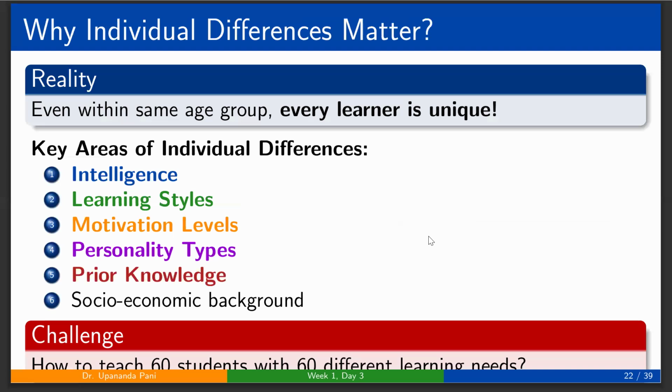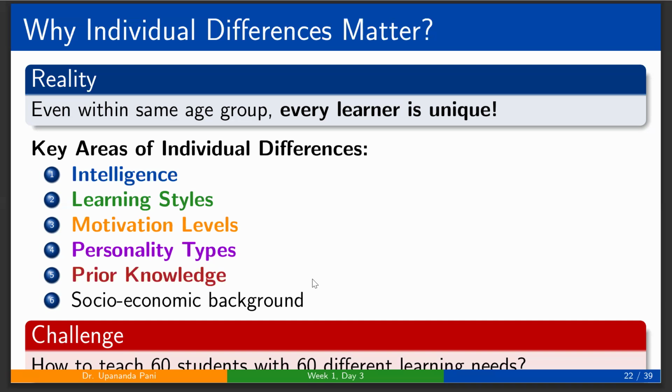Then why do individual differences matter here? The reality is that even within the same age group, every learner is unique. The key areas of individual differences are intelligence, learning styles, motivation levels, personality types, prior knowledge, and socio-economic background. Suppose the challenge for a teacher is how to teach 60 students with 60 different learning needs.